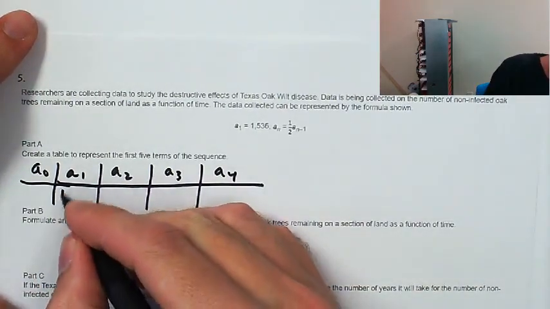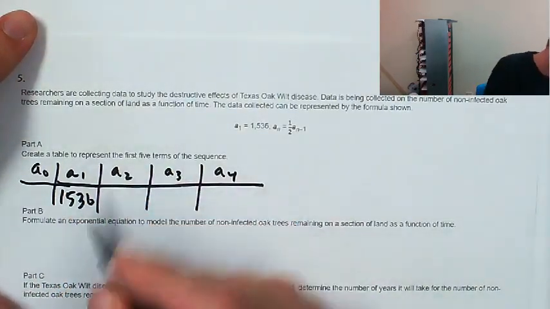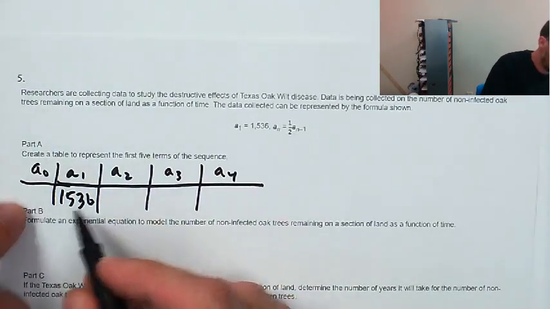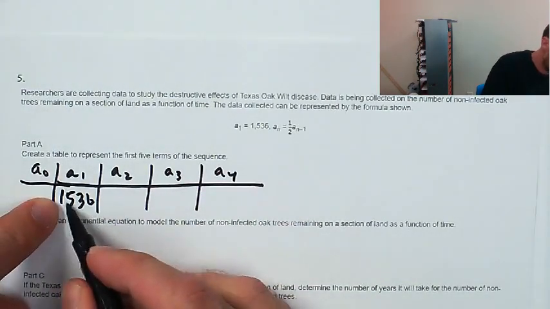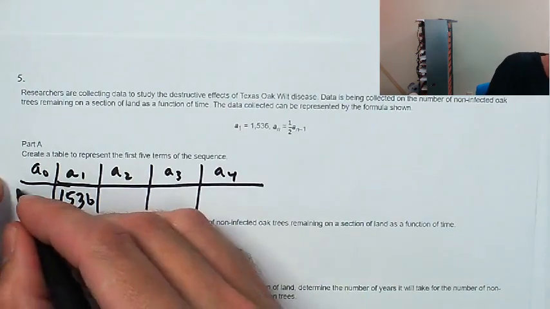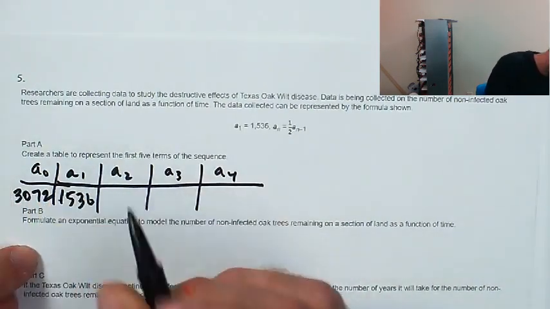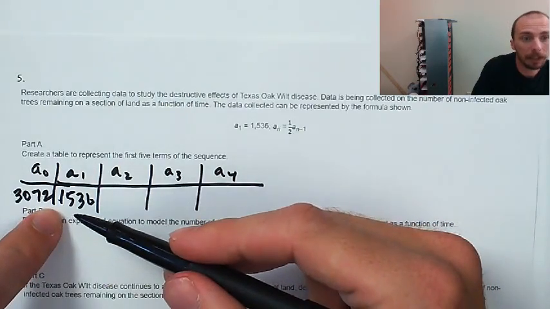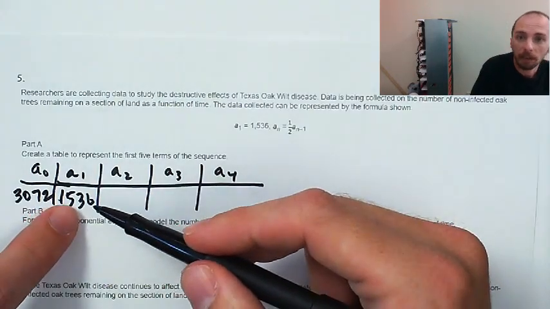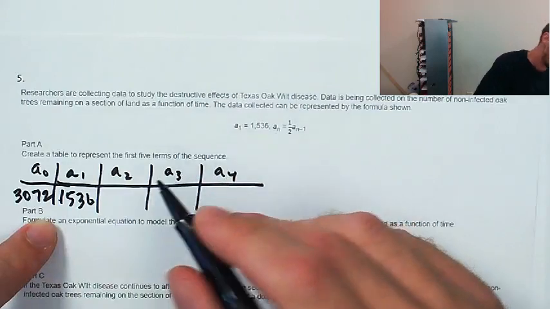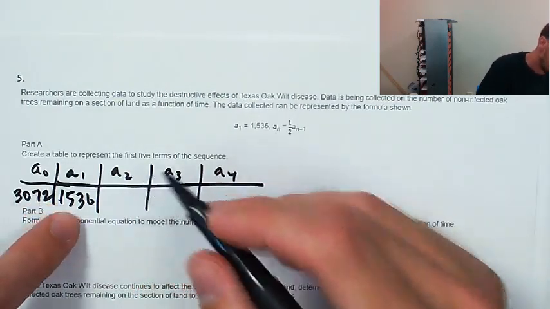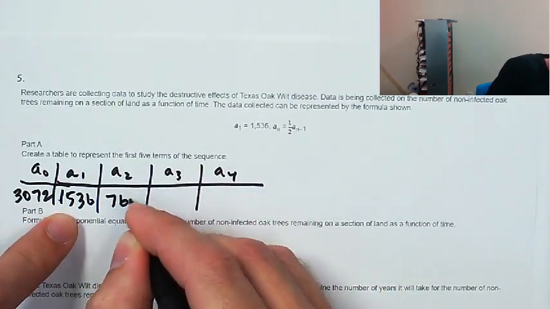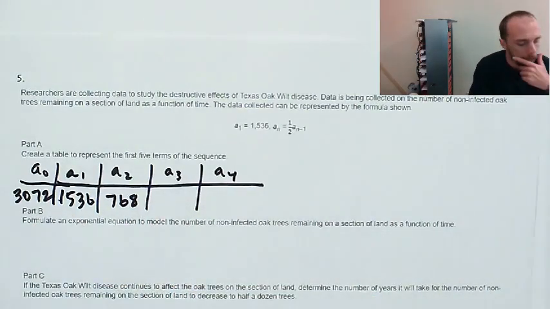To get to A1, which is 1,536, I divided by 2. So to go backwards, I would multiply by 2. That would be 3,000 from here and 72. If I divide 1,500 by 2, I'd get 750, and if I divided 36 by 2, I'd get 18. So I've got 750 plus 18 is 768.